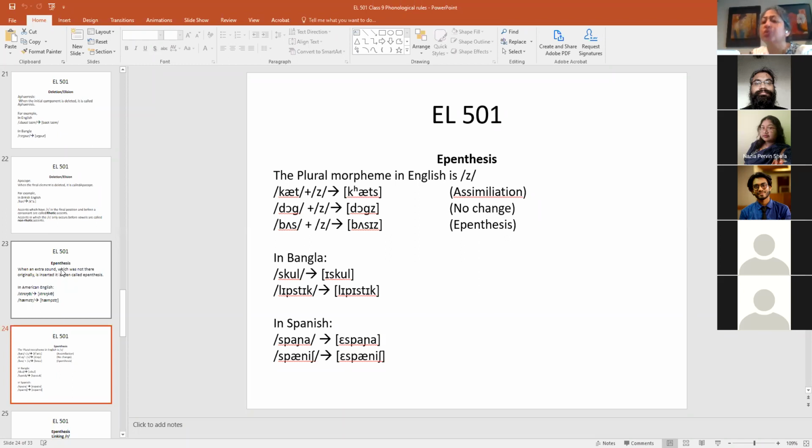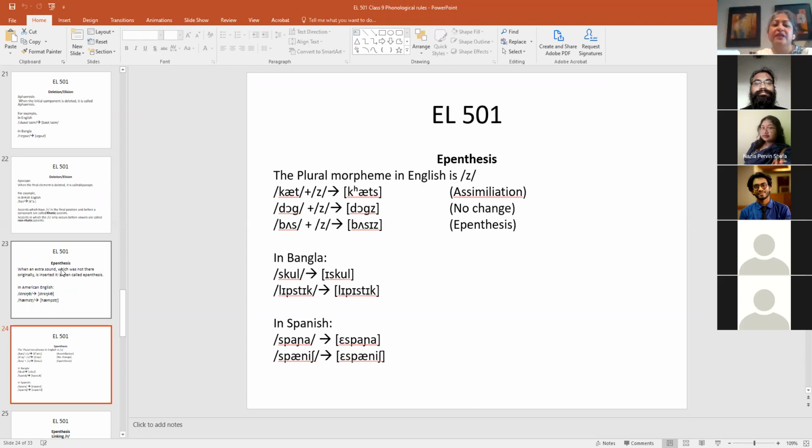So a word like "school" becomes, for a Bengali speaker, instead of saying "school," they say "eschool." They insert an E before the sk. So that is, again, epenthesis. "Lipstick" becomes "lipistick," with that E. So this is also an example of epenthesis.